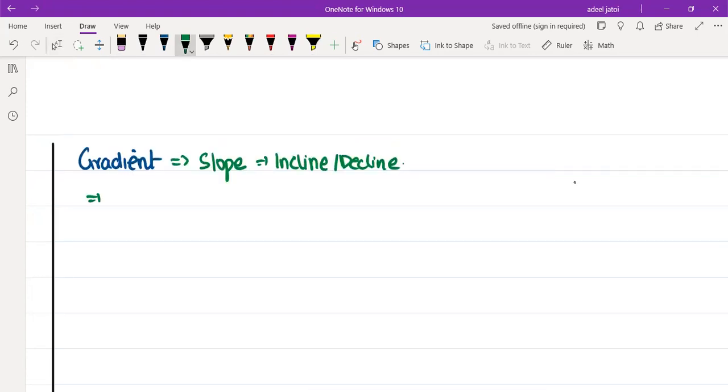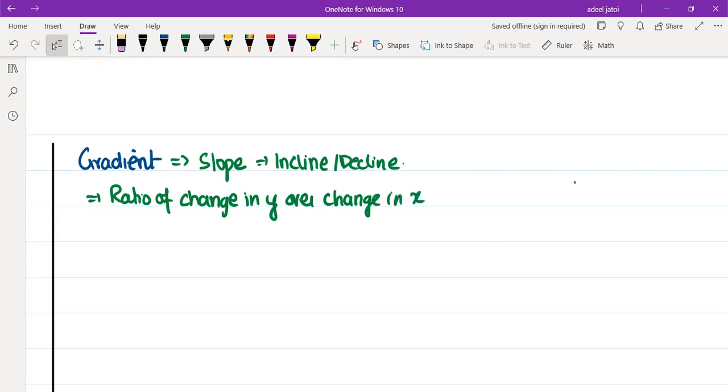Gradient tells me ratio of change in y over change in x.